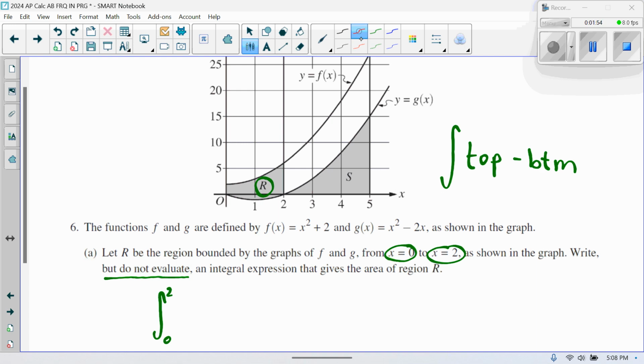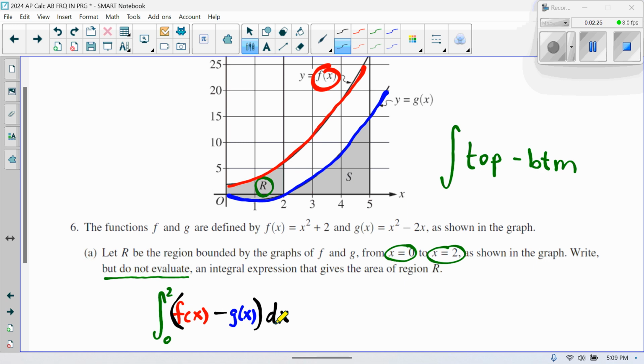The top curve is f of x, so I'm going to write f of x minus the bottom curve, which is g of x. Let's not forget, if you don't put the dx, it will be wrong. Now that's your answer. You're done.